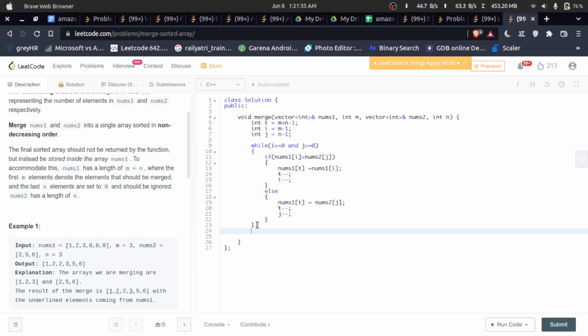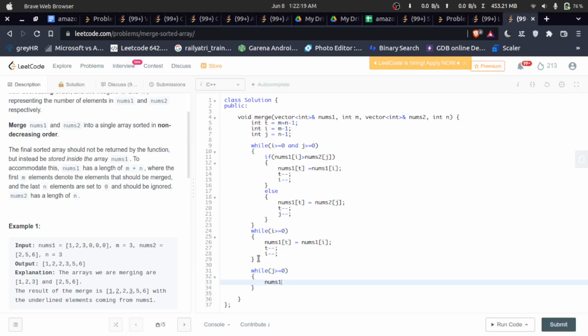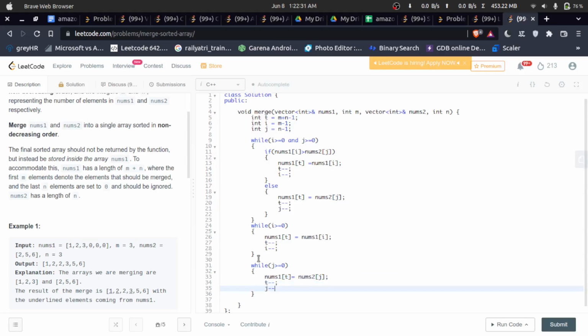Now suppose one pointer has finished, so the rest has to be finished off. While i is greater than or equal to 0, nums1[t] equals nums1[i], t minus minus, i minus minus, and the same for the j pointer: nums1[t] equals nums2[j], t minus minus, j minus minus.